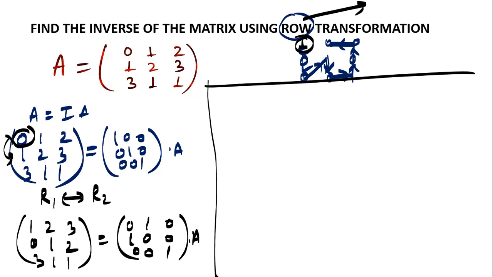Our next step, I have to make it 0. It is already 0. Then I have to make the next one 0. So I multiply R1 by 3 and subtract it from R3, and I will get 0. I can write R3 arrow R3 minus 3R1.